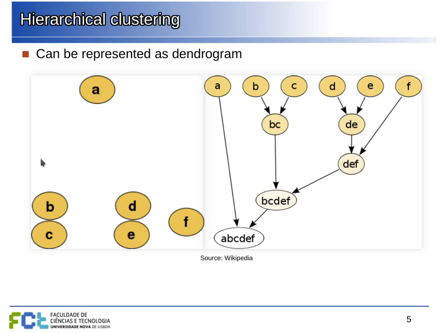For example, here we have B and C, which are together forming one cluster, but then they are part of this larger cluster here, which includes B, C, D, E, and F. And this D and E are also clustered, that is part of this intermediate cluster D, E, and F. So to represent these groups here would not be as easy as it is when representing as a dendrogram. So this kind of tree where we can see more easily which groups belong to which larger groups.